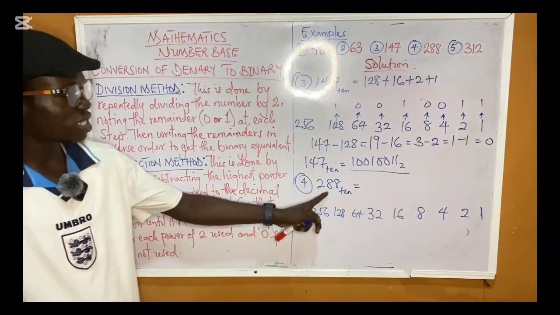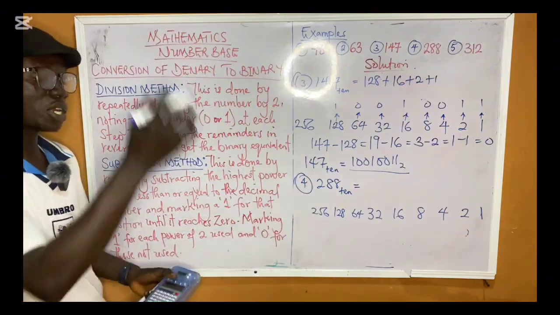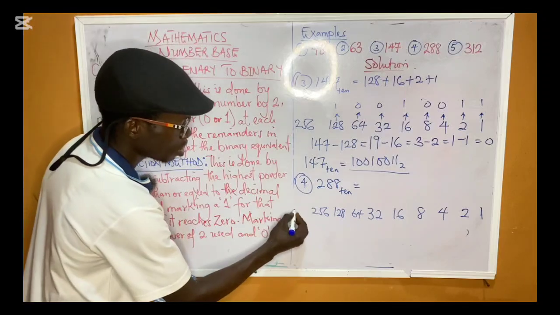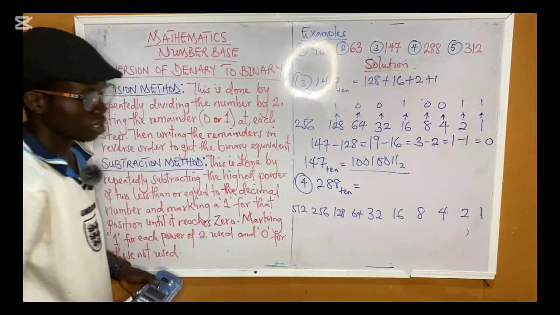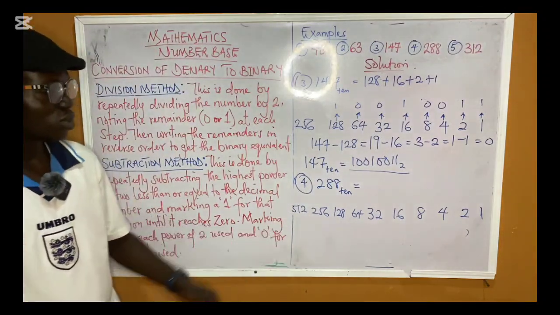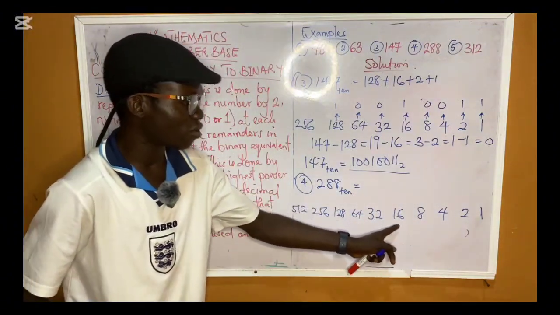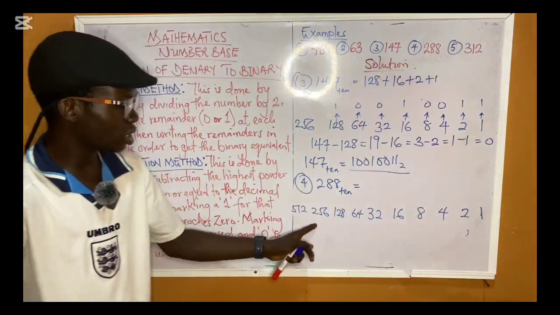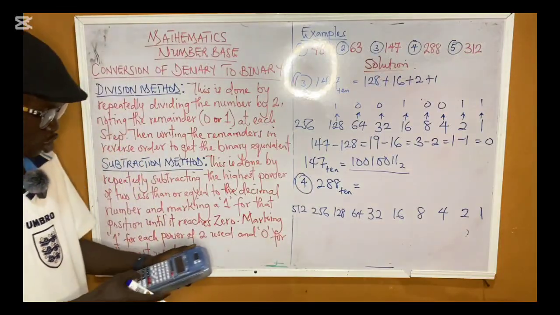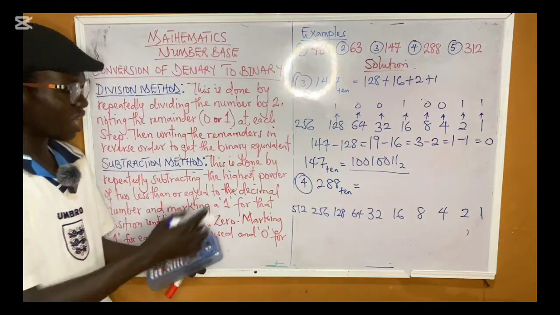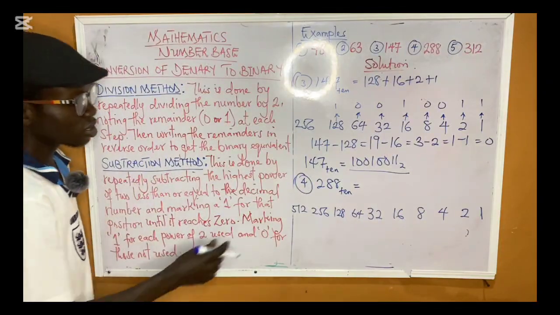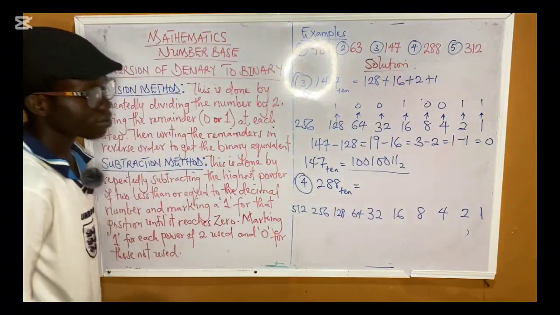Now you see that 288 is greater than 256. We can include the next number, which is 512, right? This is 2 raised by 0, 2 raised by 1, 2 raised by 2, 2 raised by 3, 2 raised by 4, 5, 6, 7, 8, 9. Yeah, 2 raised by 9 will give us 512. Good. So 288 base 10.